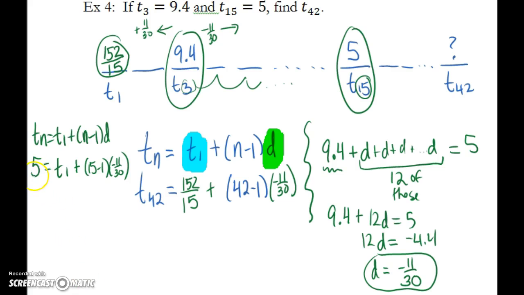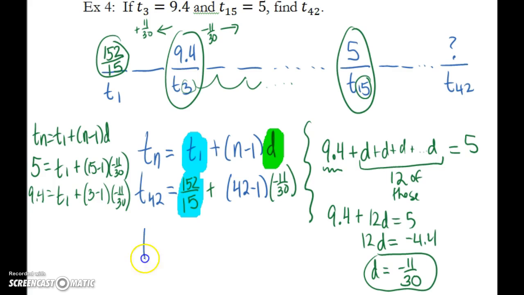Or you could use 9.4 for t sub n, but then you'd have to use 3 for n. But either way, you could use either formula to find t1. Again, let your calculator do the work for you. And t1 ends up being positive 152/15.